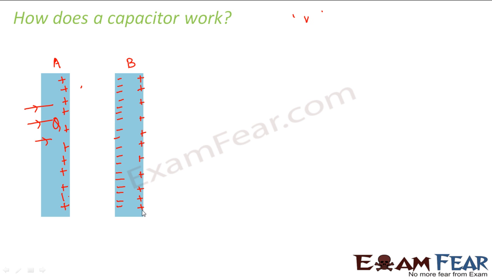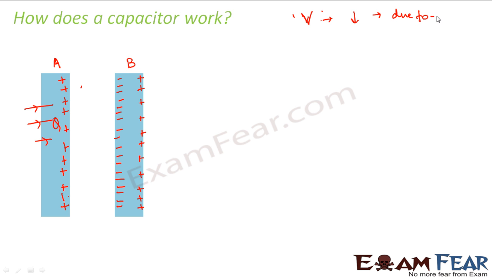Now, as I told you, A was at its maximum potential V before B arrived. When B arrived, what will happen to the potential of A? Earlier it was at potential V. Now because of the negative charges at this end, the potential will decrease.